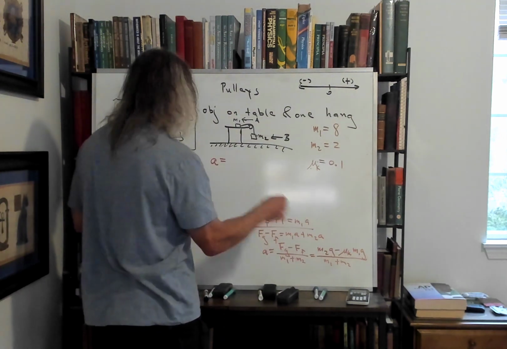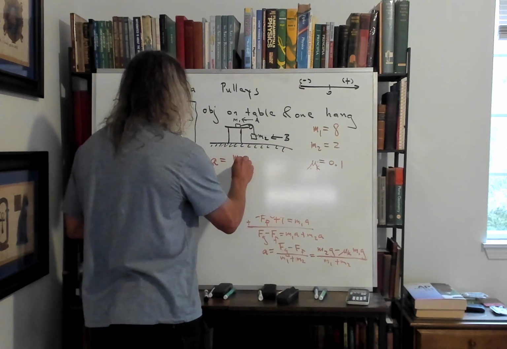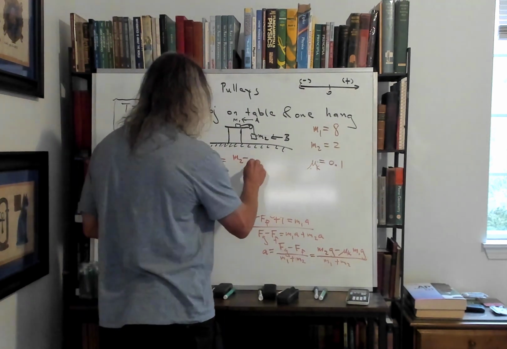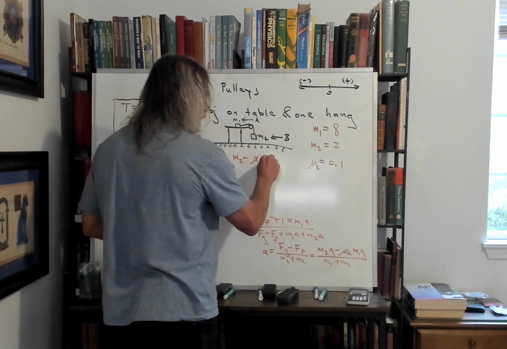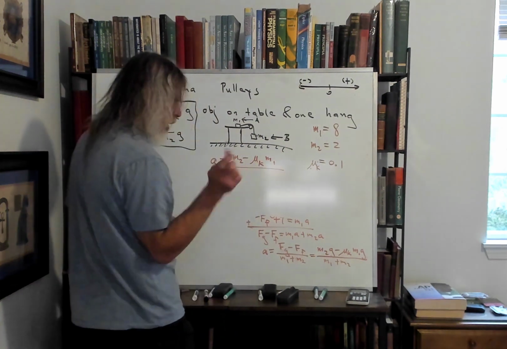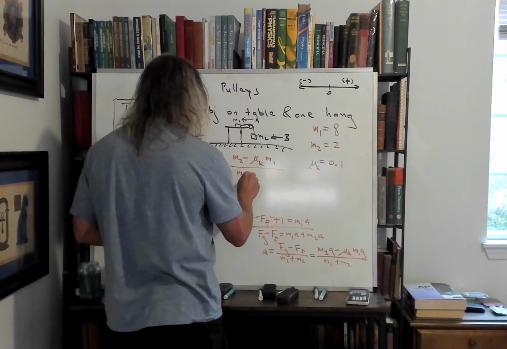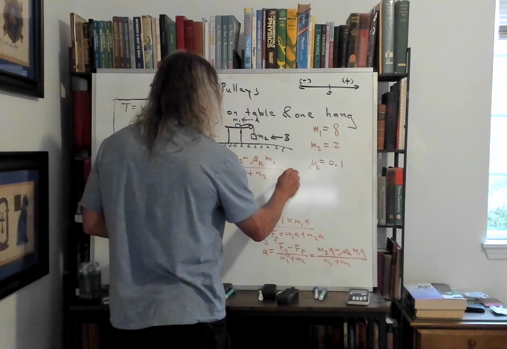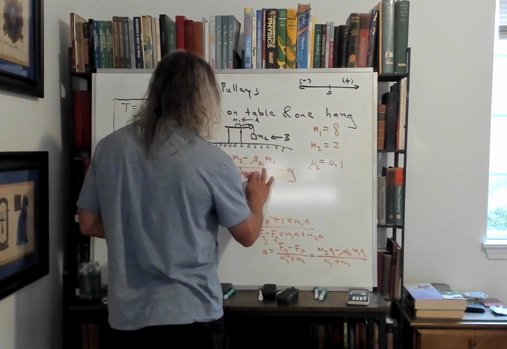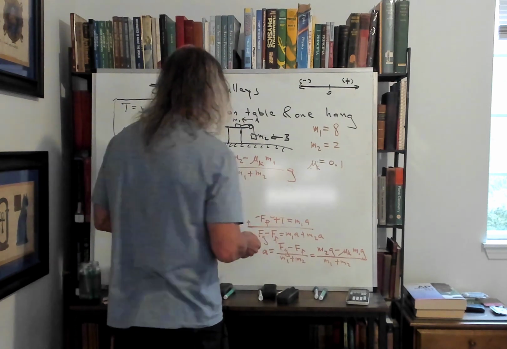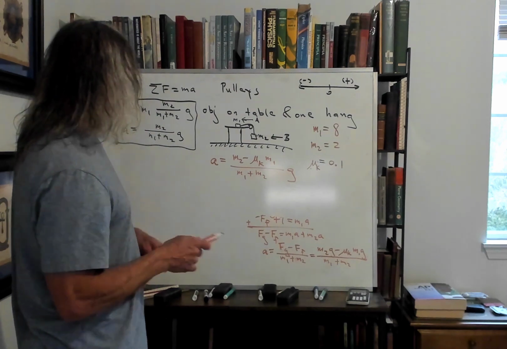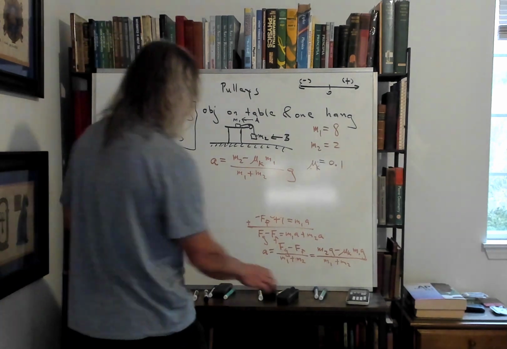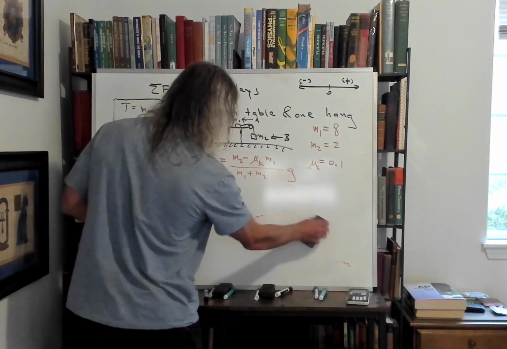If we factor the g out, m sub 2 minus μ sub k m1 over m1 plus m2, times g. Okay, then plug in our numbers, clean this up.